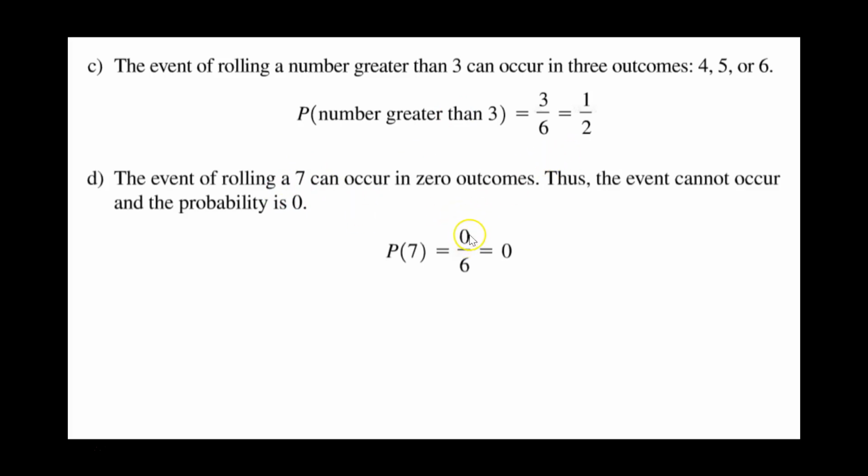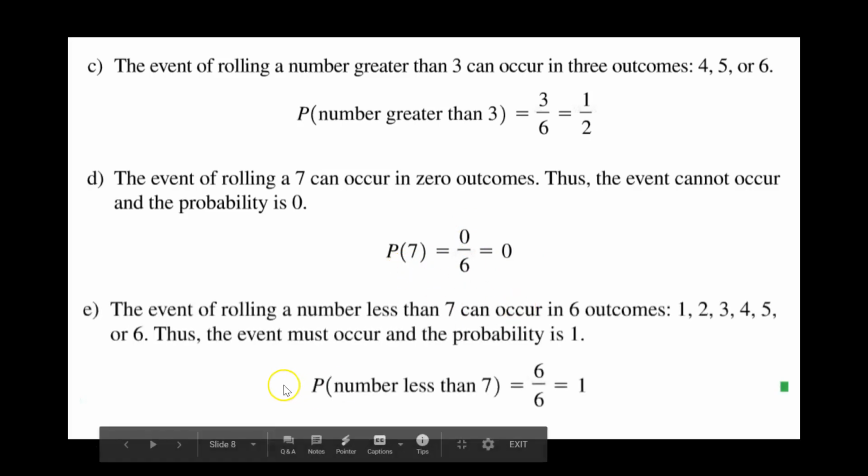So there's really a 0 out of 6 chance you get a 7 because there is no 7 on a die. So that's why this would be 0. And what is the probability of us getting a number less than 7? Well, like I said, on the die there are 1, 2, 3, 4, 5, 6. So what is the probability of getting less than 7? Well, all of them. So it'll be 6 out of 6. So it'll be a 1 as far as your answer is concerned.